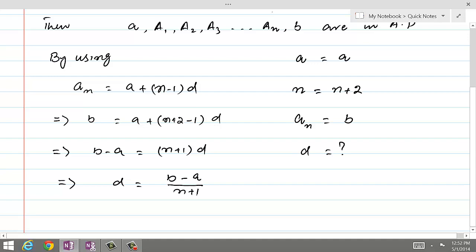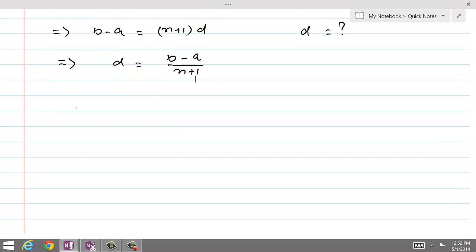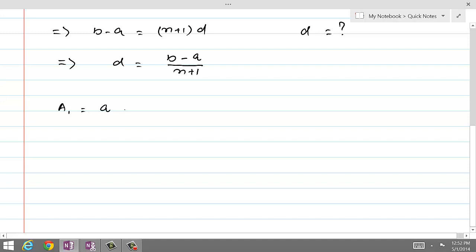Now we will continue adding d to the previous term, and that way we will figure out what the arithmetic means are. a1 is equal to a plus d. By adding d to the first term, which is a, we'll get a1. So this is a plus b minus a over n plus 1.